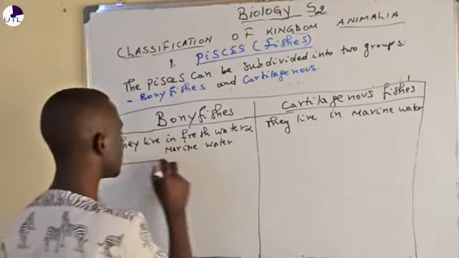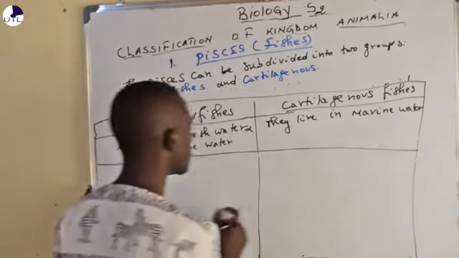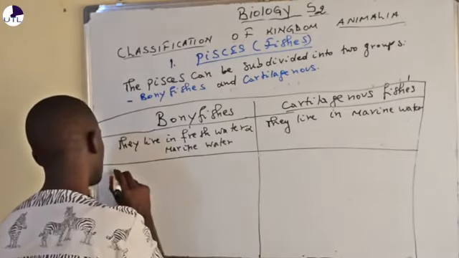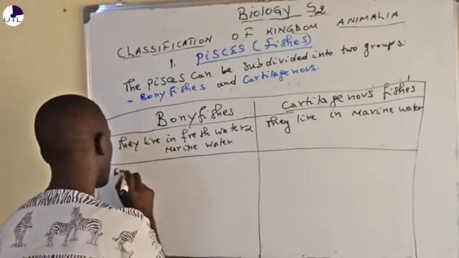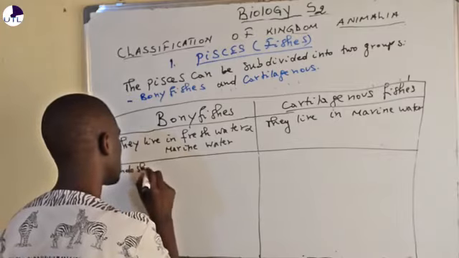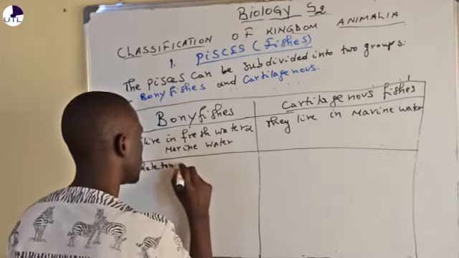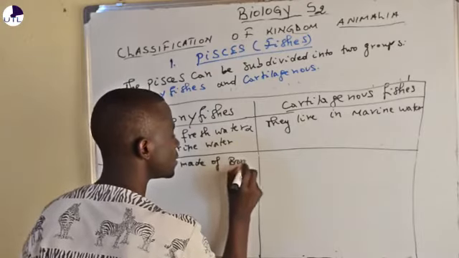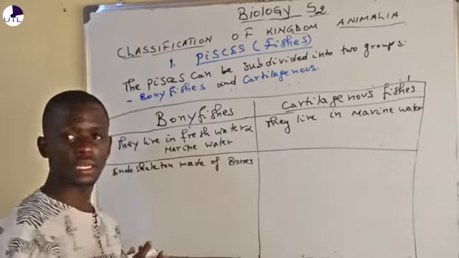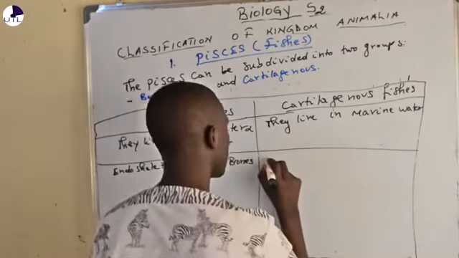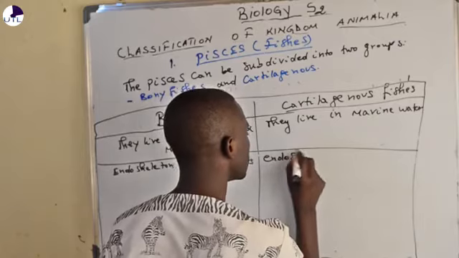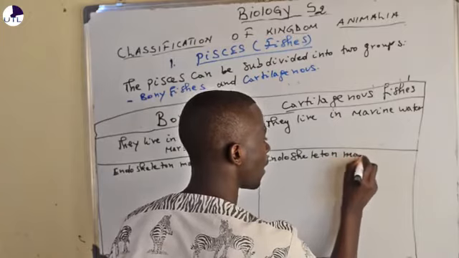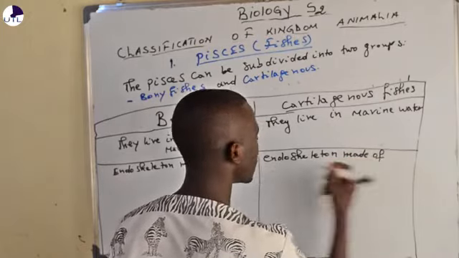The second difference between the two is that the bone fishes have an endoskeleton made of bones, while the cartilaginous fishes have the endoskeleton made of cartilage.